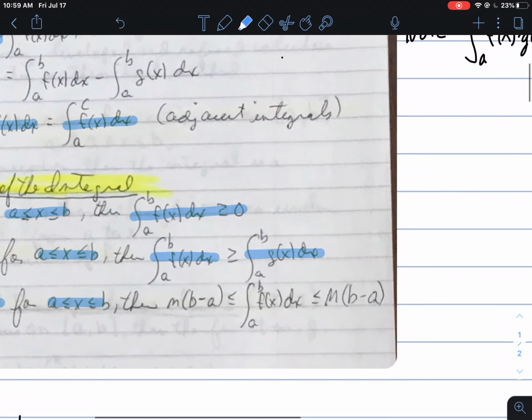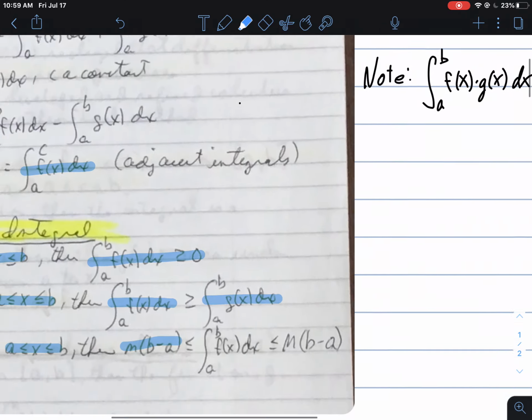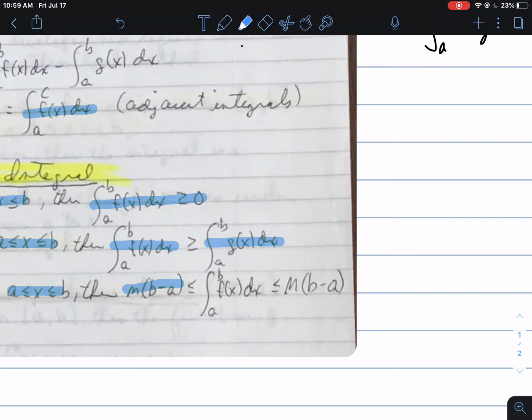Then the area under that constant function m, and that's what we mentioned back in that earlier discussion with the rectangle, with the integral of a constant, the area under our curve f of x should lie between the area under little m and the area under big M, right?